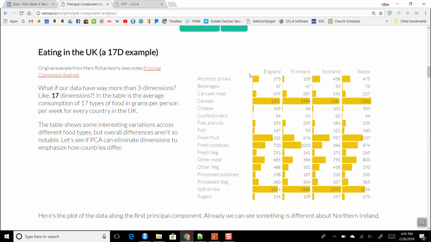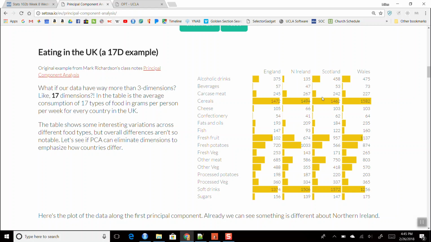But we asked, how many alcoholic drinks do you consume, and how many other beverages, and carcass meat, which I don't know what that is, but I think it's like sausage, and cereals, and fresh fruit, and fresh potatoes, and other meats, and other vegetables, and processed potatoes, and processed vegetables.